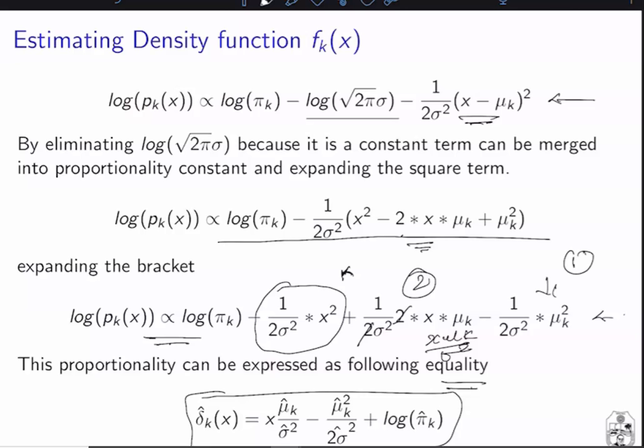Delta k, I am calling it the linear discriminant function, or LDF. The linear discriminant function is equal to x mu k divided by sigma square, that is the second term in this equation, minus mu k square by 2 sigma square, this is the first term in this equation, plus the log of pi k, the third term. So this equation is now called the linear discriminant function.